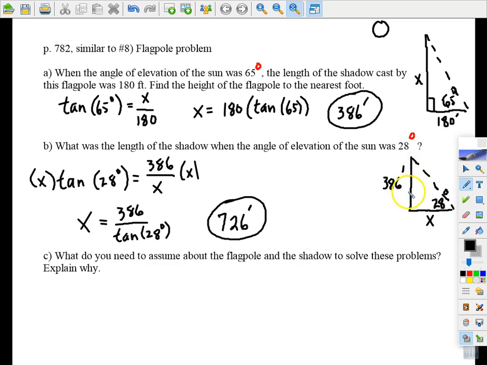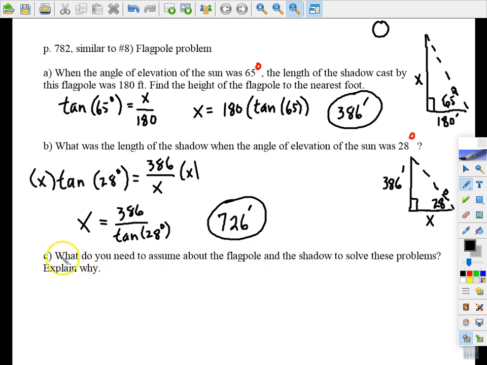And the reason for that is, again, with a perfectly straight flagpole and perfectly level ground, the whole point here is that this should form a right angle. If this doesn't form a right angle, then the trig ratios that we're using are of no use to us. Okay, we use these trig ratios to solve right triangle problems.